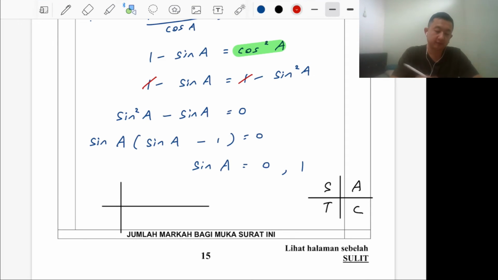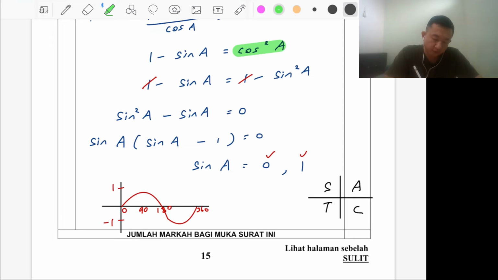Remember how the graph looks like? Okay, this is 0, 90, 180, 360. The ones that achieve 0 and 1, because remember the amplitude is 1, the amplitude is negative 1. So 0 and 1 will be at 0, 90, 90 for 1, 180 for 0, 360 for 0.